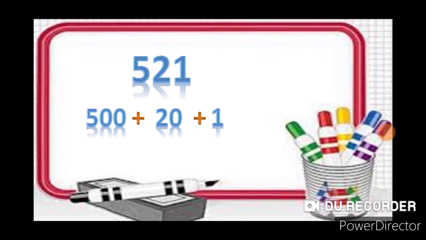So we can write the number 521 in expanded form as 500 plus 20 plus 1. We cannot forget the plus sign. Whenever we write a number in expanded form, put the plus sign in between the numbers. It makes the maths equation correct.